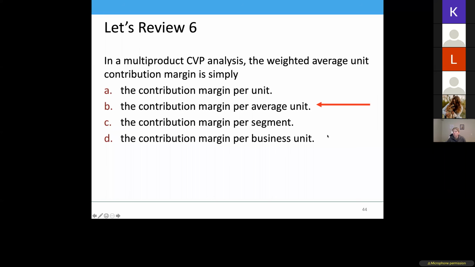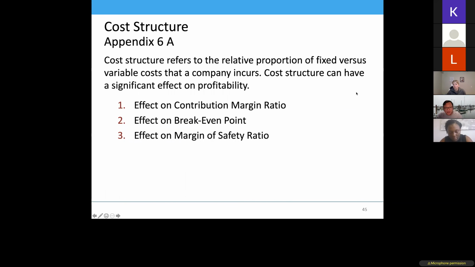That's correct. So you just consider that there's 1 unit, but 75% of that is the smartphones, and 25% of that is the TV. So per average unit, cost structure.